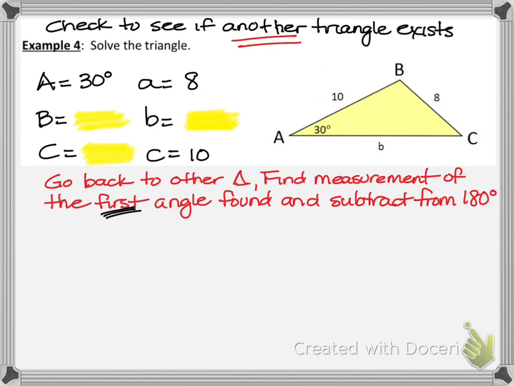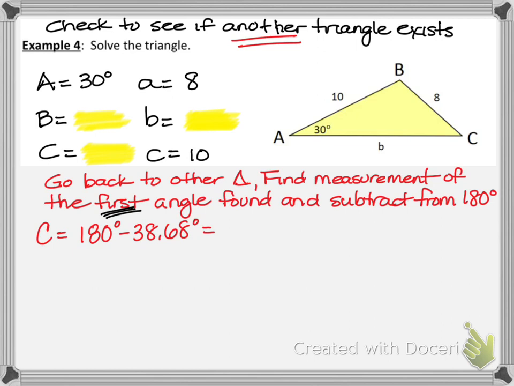So 180 degrees minus 38.68. That's your C value from the previous problem. And the answer you get is going to be the brand new C value for this problem.